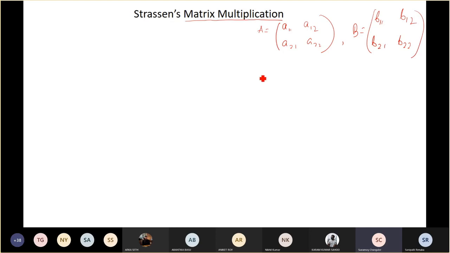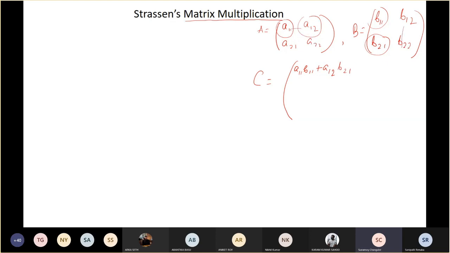If we multiply these two and store it in a matrix C, then we know that we have to multiply A11 with B11, A12 with B21, and we will get C11. So let us write A11 B11 plus A12 B21.